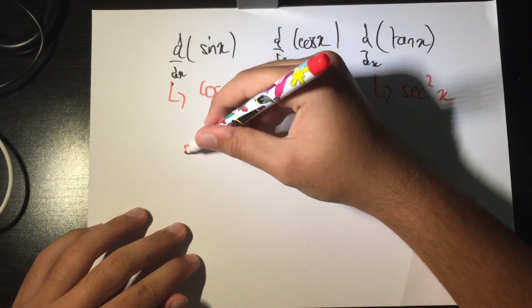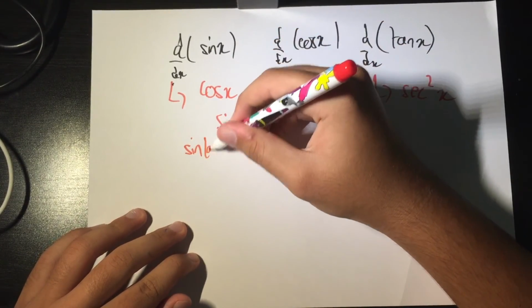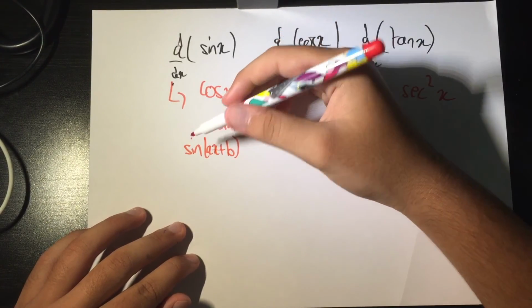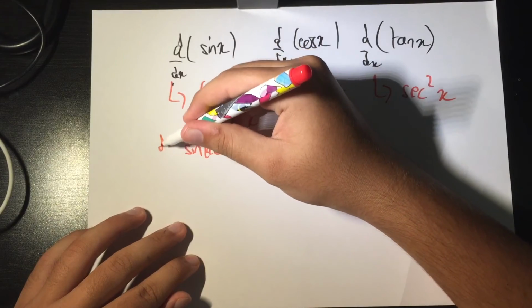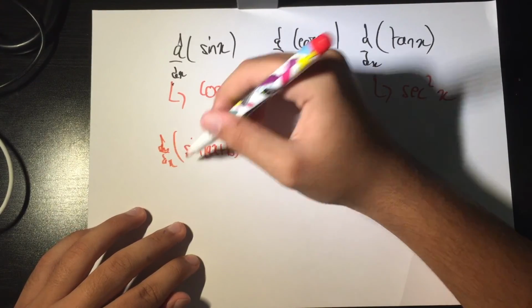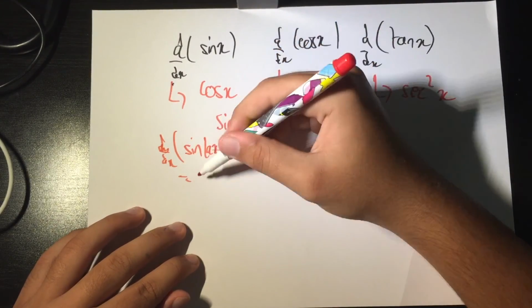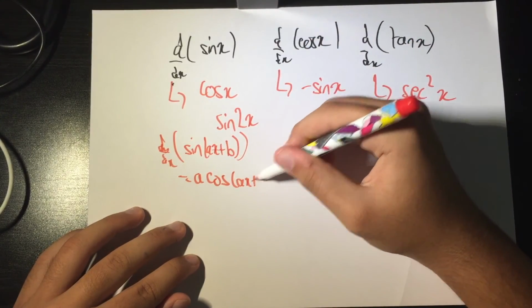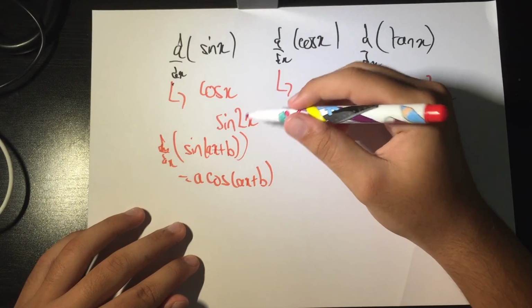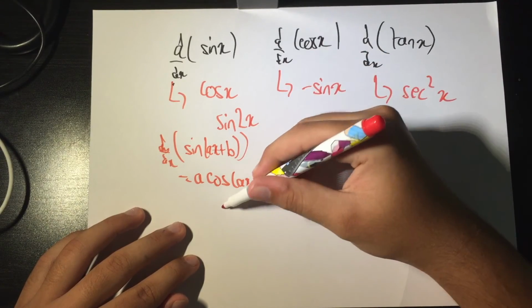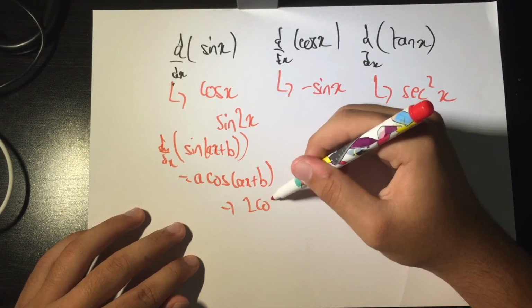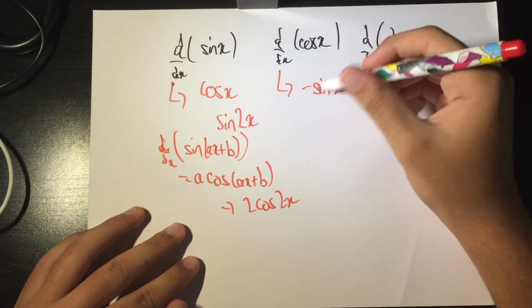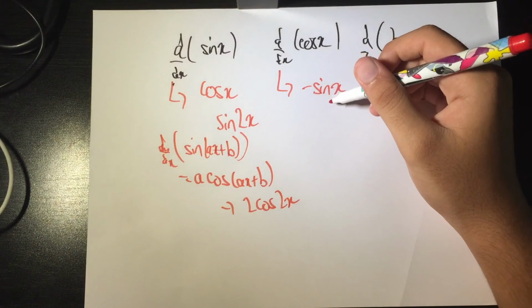Sine of ax plus b, ax plus b is another function, dy over dx of sine ax plus b will give you a cos ax plus b. Sine 2x should give you 2 cos 2x using this formula, and it applies for all the formulas over here.